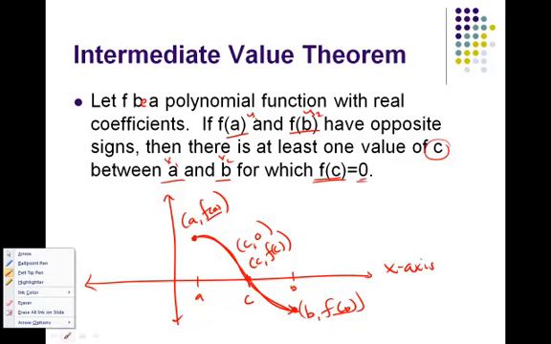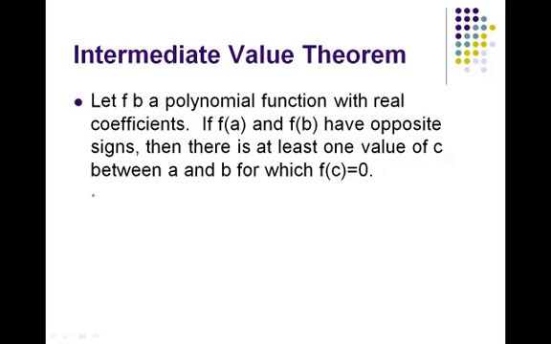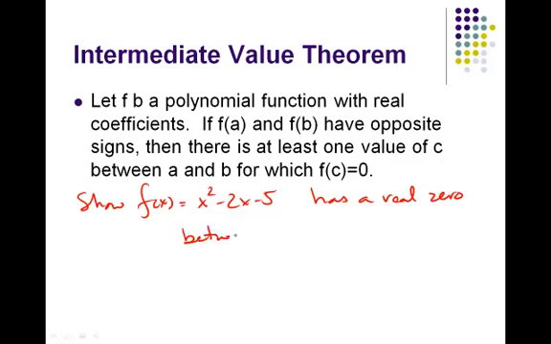For example, you might be asked to show that f of x equals x squared minus 2x minus 5 has a real 0 between 2 and 3. Well, let's check it out. Let's find f of 2. That would be 2 squared minus 2 times 2 minus 5, which would be negative 5.